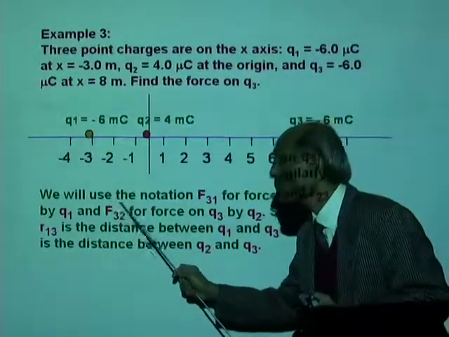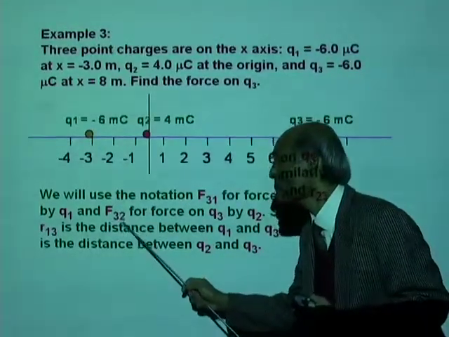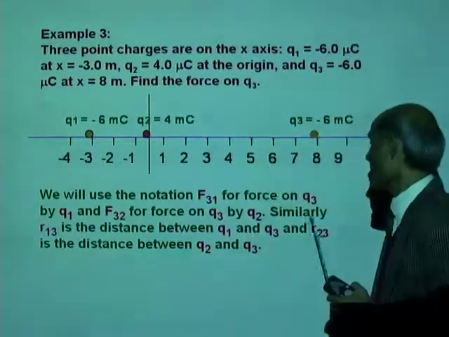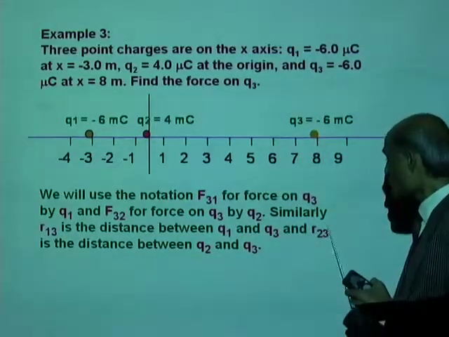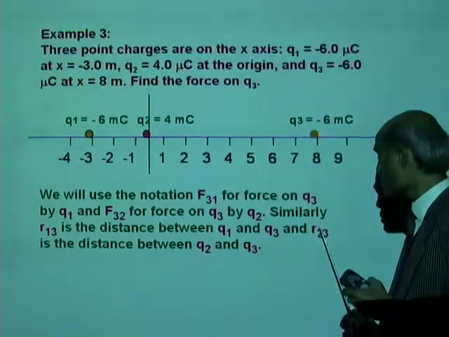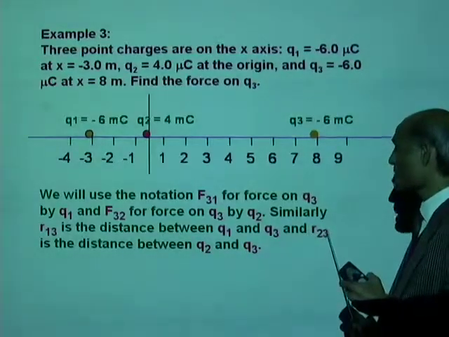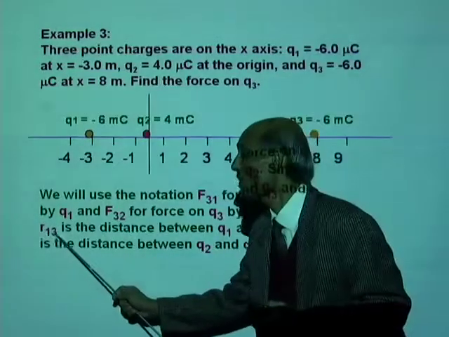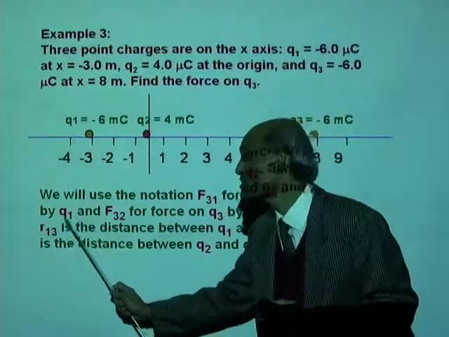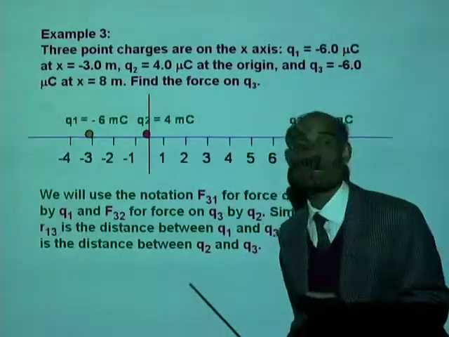F32 stands for force on Q3 by Q2. And R23 stands for distance between charges 2 and 3. R13 stands for distance between charges 1 and 3.